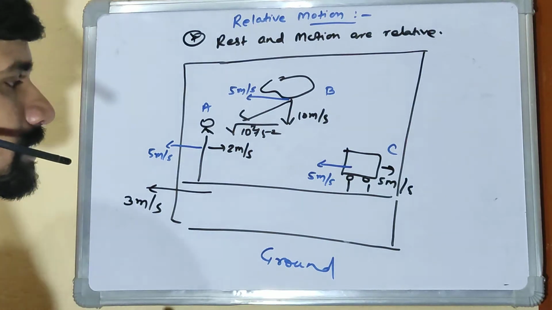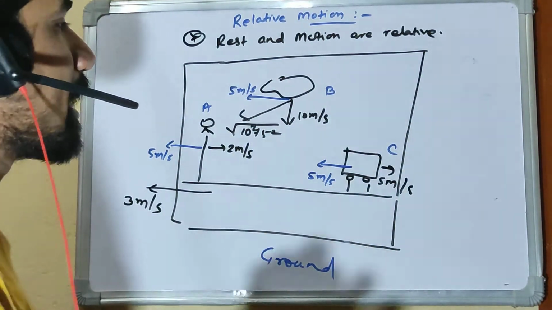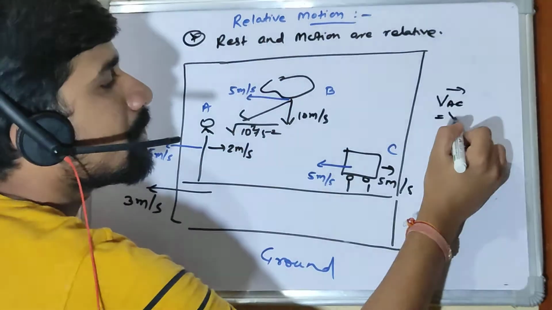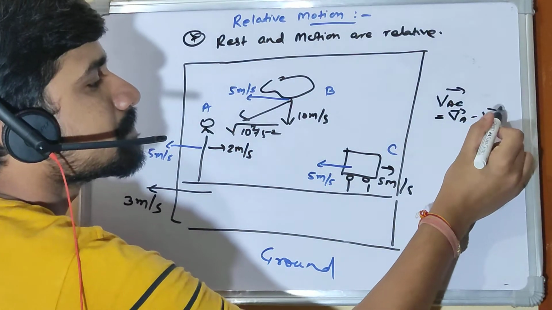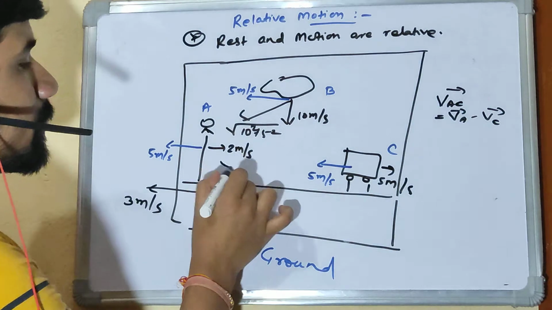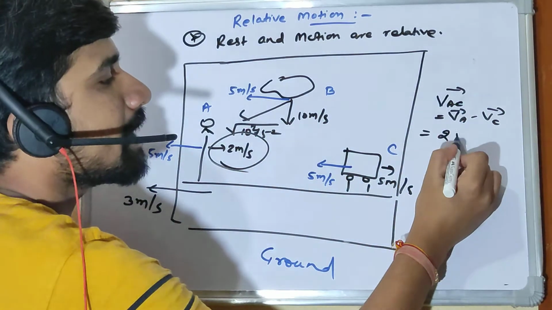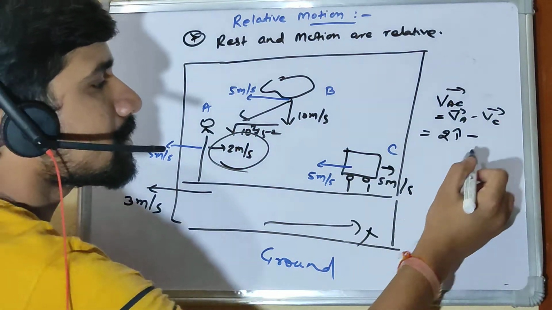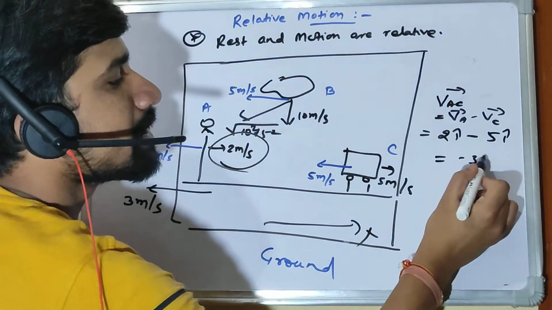And by formula also, if you want to calculate, the velocity of A with respect to C will be what? Velocity of A minus velocity of C. So velocity of A was what? Let's say this is the x-axis, so 2 i cap, and velocity of C was 5 i cap. So it is minus 3 i cap.